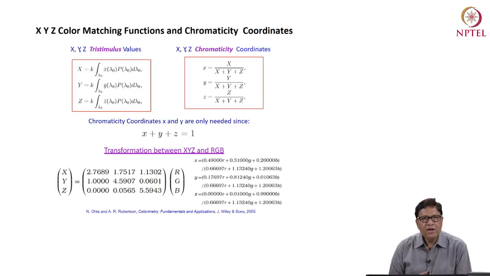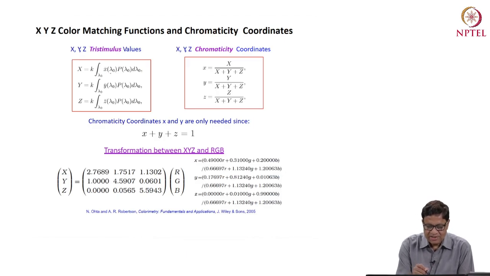Now I want to convert any color into some sort of coordinates. We'll see whether you require 2 coordinates or 3 coordinates, but right now suppose these are the tri-stimulus values, X, capital Y and capital Z, which is actually the power of the source scaled down by the visual response of the eye.